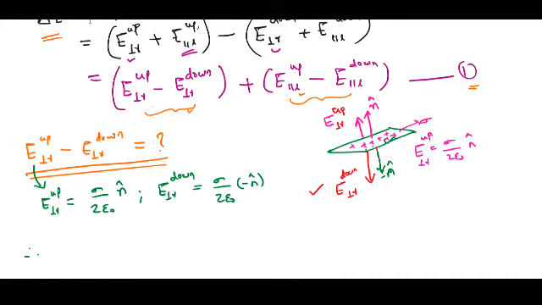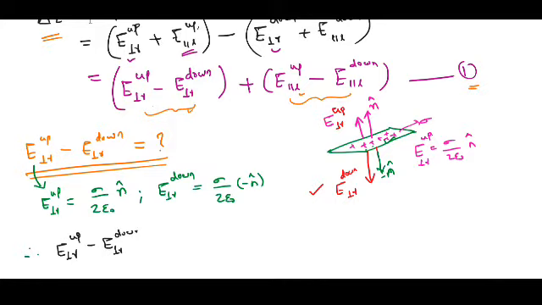Therefore, E perpendicular up minus E perpendicular down can be written as sigma divided by 2 epsilon 0 n cap minus sigma divided by 2 epsilon 0 minus n cap.